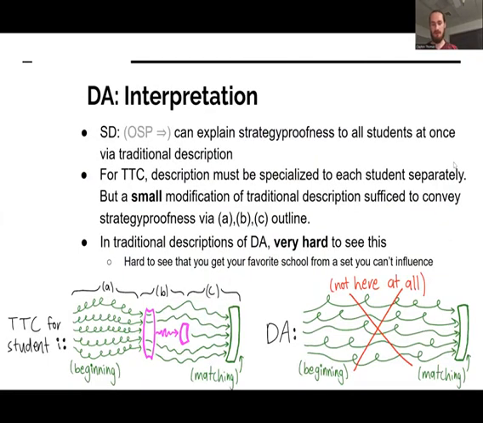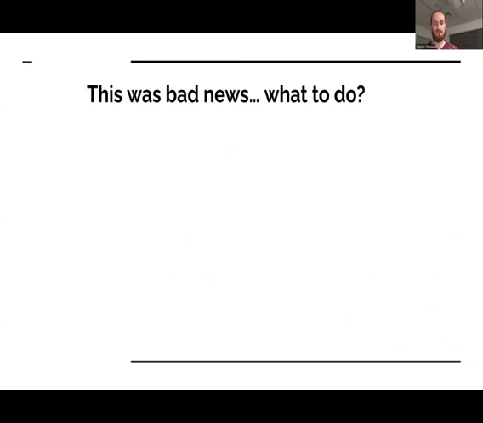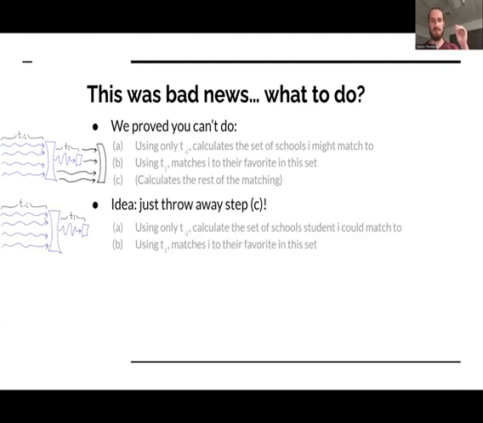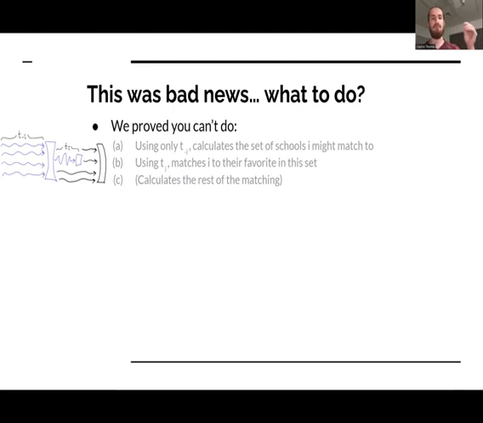Okay, so that almost concludes the story part of the talk. So this was bad news. This was an impossibility result for DA. We proved that you can't fit this three-step outline ABC. What do we do given this bad news?